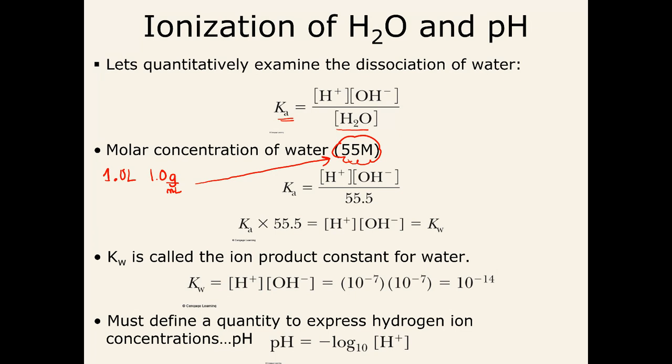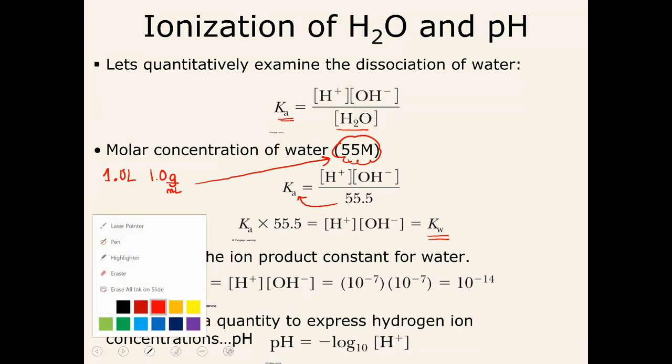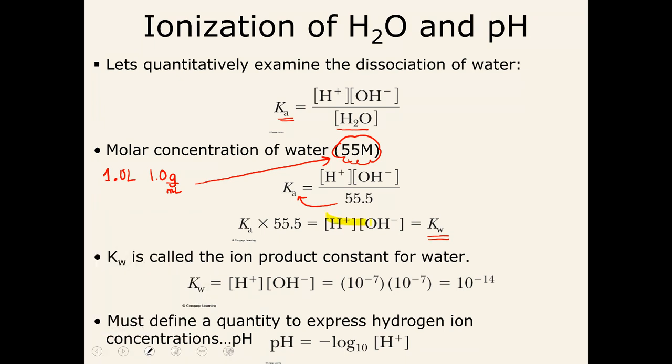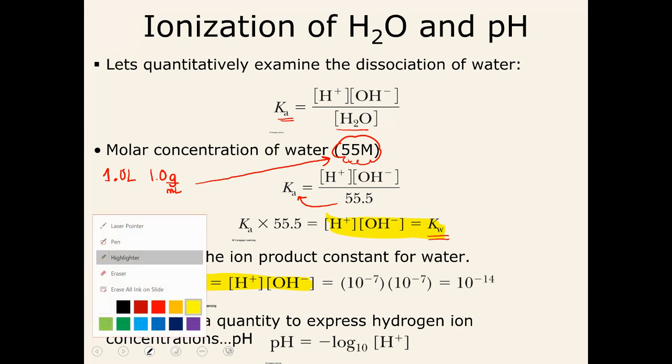But I just want you to see that that concentration is absorbed into the K. And we now have this new K, which is called Kw. The important part here is just this part of the Kw expression, which is the same as this one. This one's flipped.